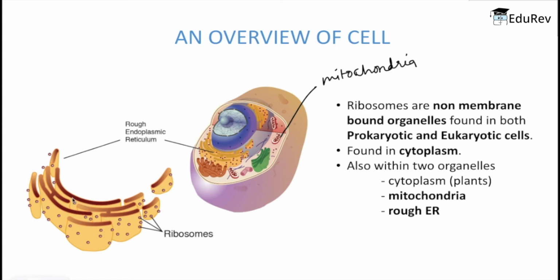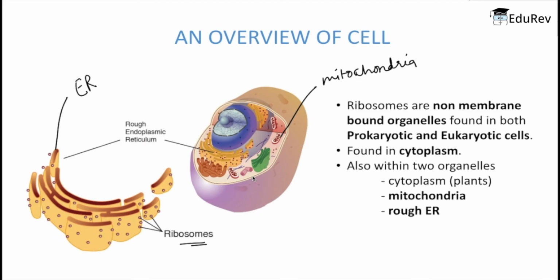The membrane-like structure you see here is the ER, also called the endoplasmic reticulum. On the endoplasmic reticulum, the small bead-like structures attached to its surface are the ribosomes, which are non-membrane bound, because as you can see, these ribosomes do not have any membrane surrounding them.